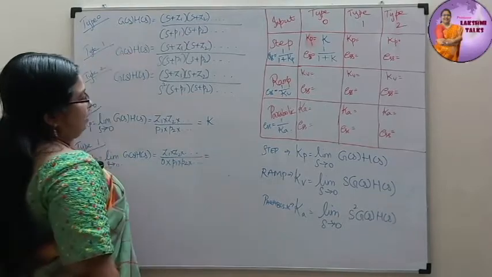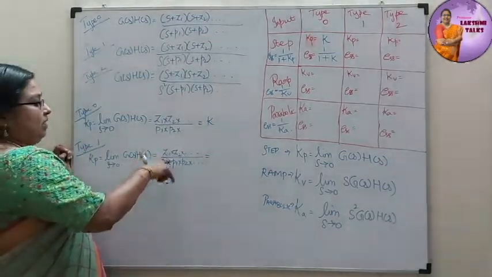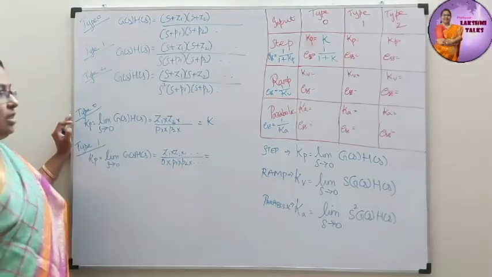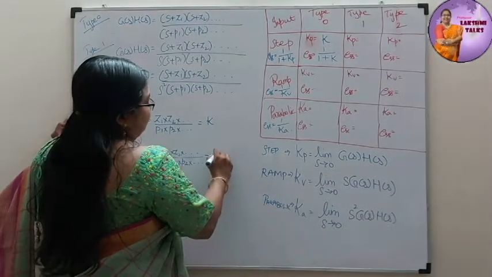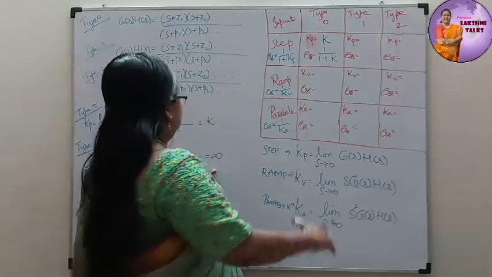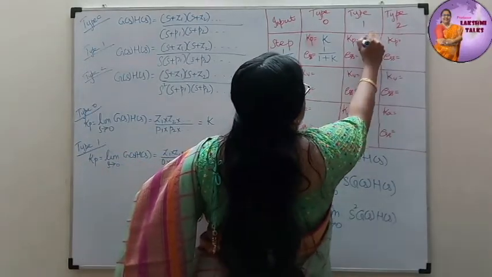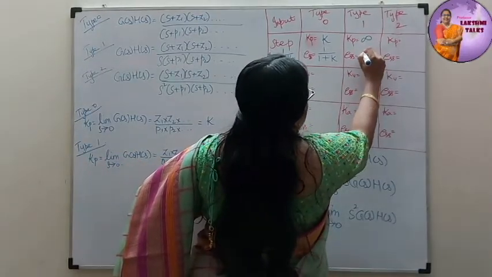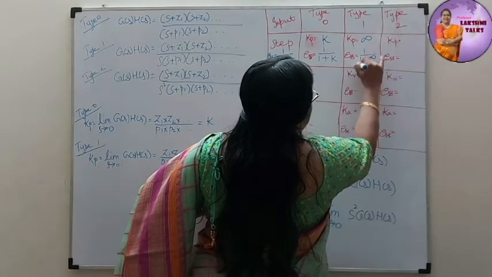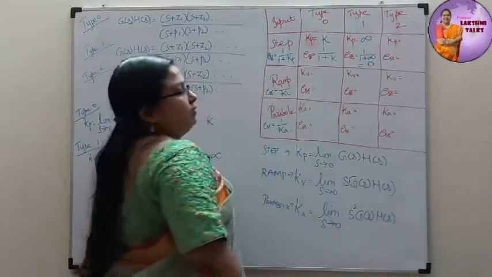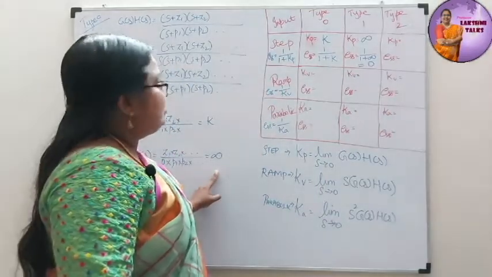Anything divided by 0 is infinity. So Kp is infinity. And what about the steady state error? It is 1 by 1 plus infinity, which is equal to 0. Correct? 1 by infinity is 0.